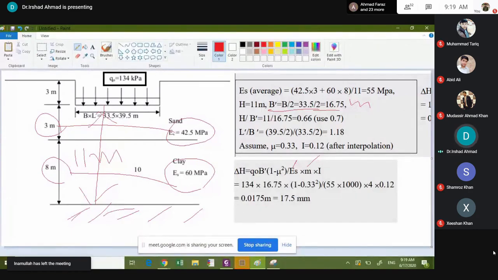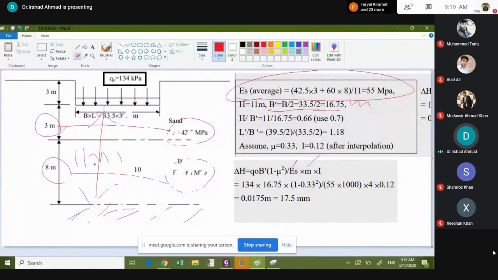That would come to 55 MPa. So you got ES. Everything is known in this equation. Only one thing is unknown, which is I.